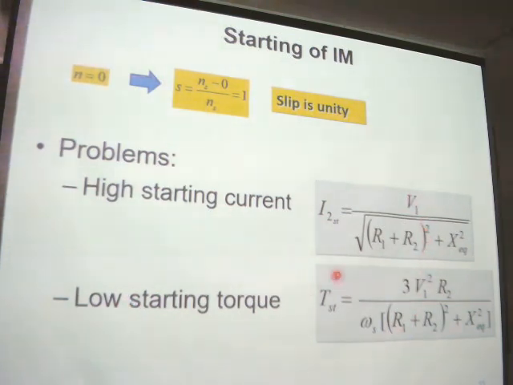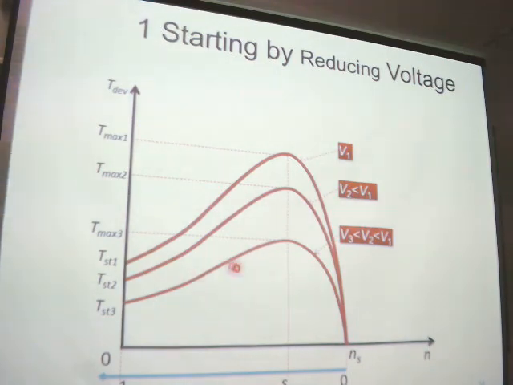But if we reduce the voltage, although the current is low, the torque will be low also. In this curve, we use the lower voltage. We can get the lower current, but the start torque will be low too.